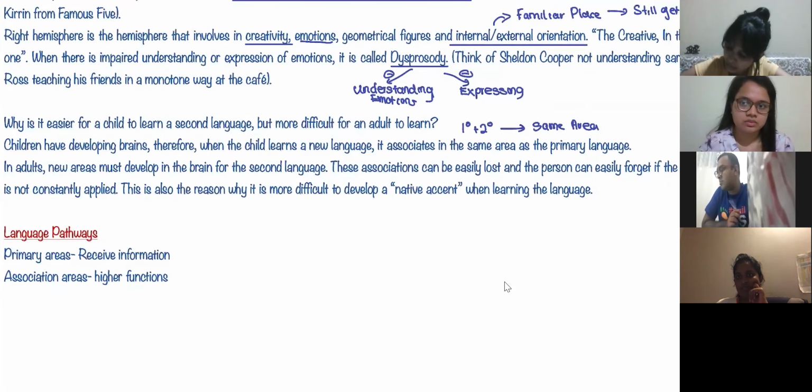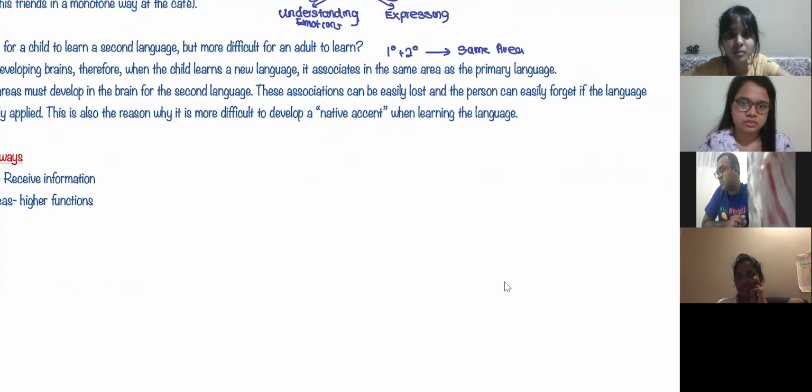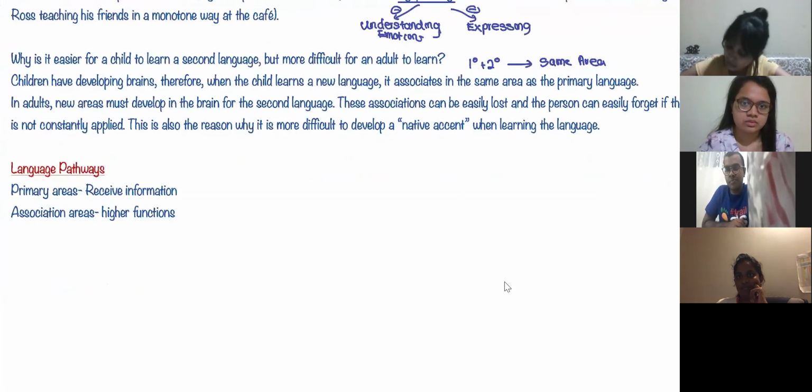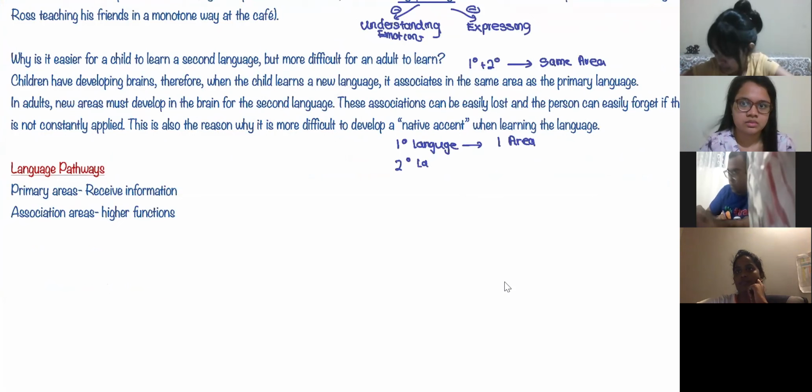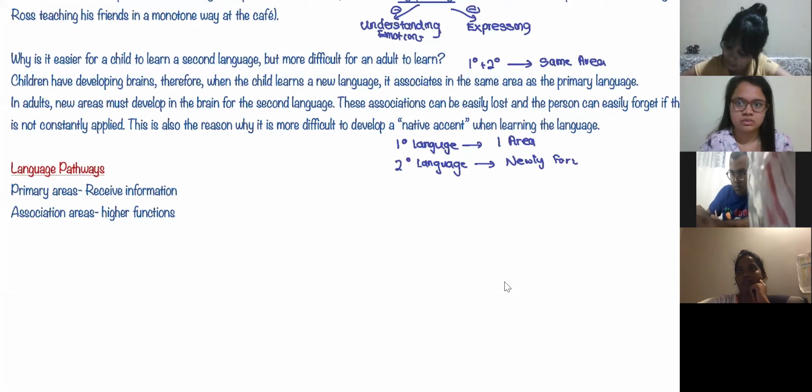But as an adult, the primary language will be in one area, and the secondary language, which they learn as an adult, is in a newly formed area. And this is a difficult process. This is very difficult to do.